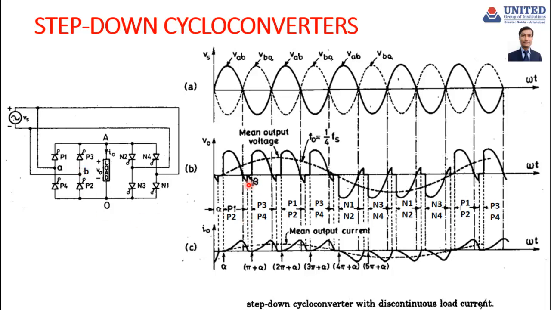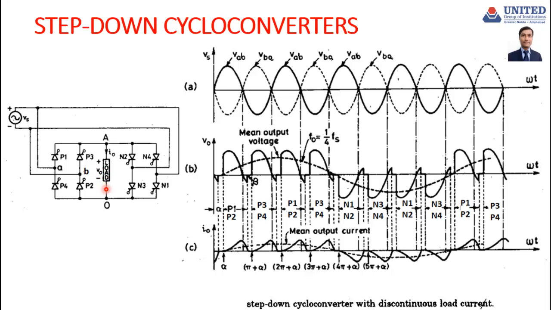At omega t is equal to pi, the input voltage becomes 0, but load current is not 0. It is due to the presence of inductance, that is because the load is inductive type.